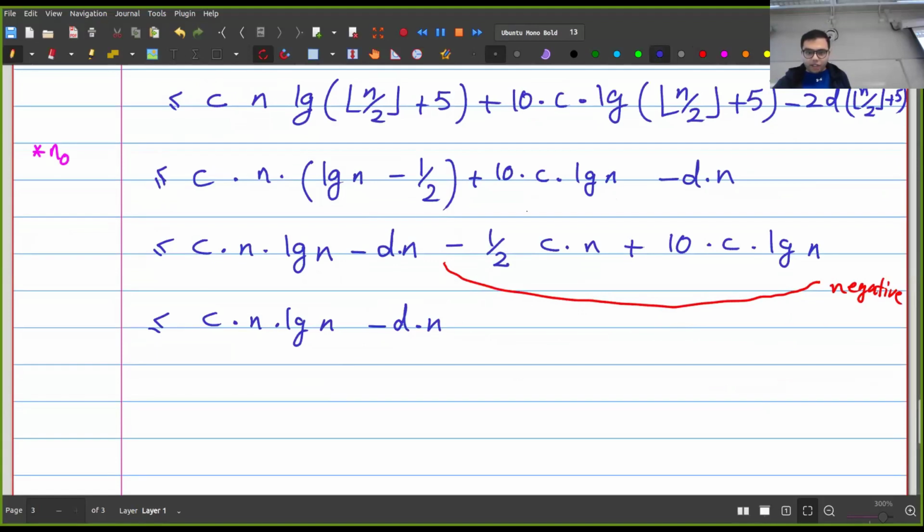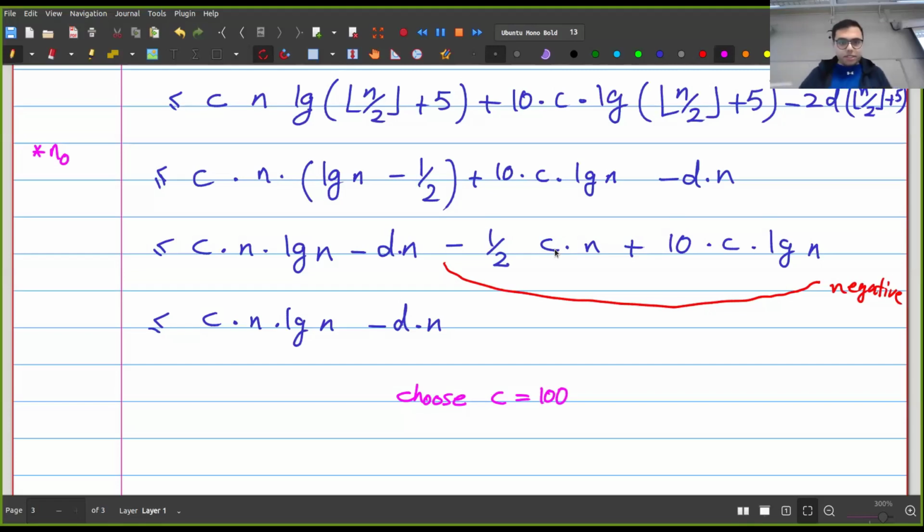So let's say I choose my C. Again, I get to choose. So let's say I choose C to be 100. And if I do this, I should just have minus 50n plus 1000 log n should be less than 0, right?